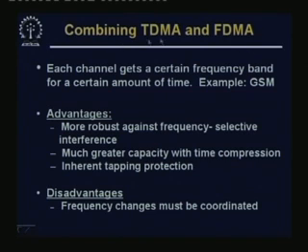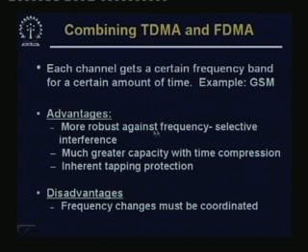Now, we can combine TDMA and FDMA. Each channel gets a certain frequency band for a certain amount of time. Example is GSM, we will come to this maybe in slightly more detail later on. So, this is combining both TDMA and FDMA, that means we are breaking it up not only in the time domain, but also in the frequency domain.